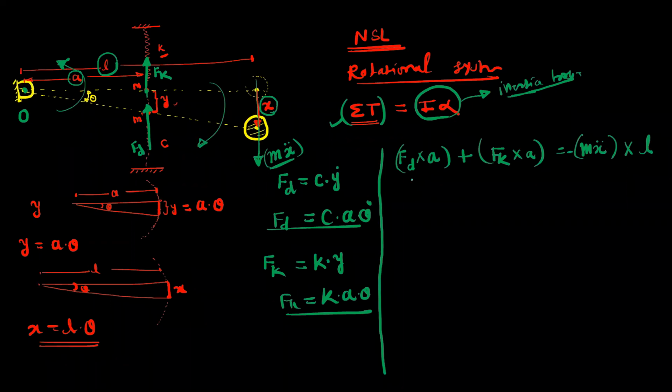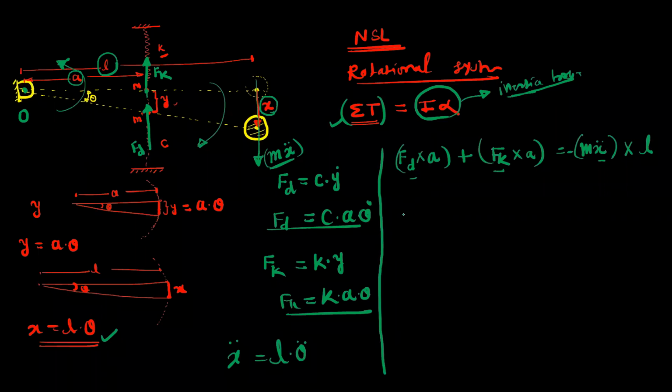So now put the value of Fd, Fk, and x. So x in terms of theta is L theta, so x double dot is equal to L theta double dot. So put the value of Fd and Fk in this equation.